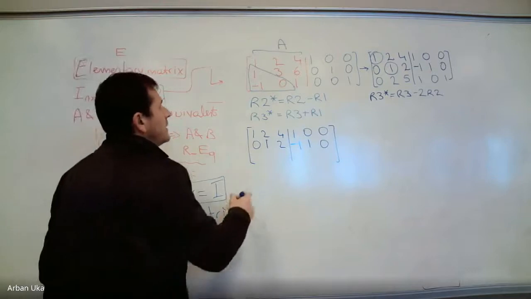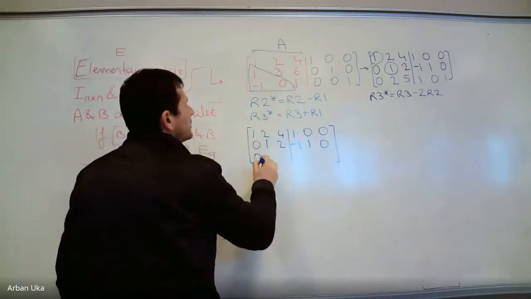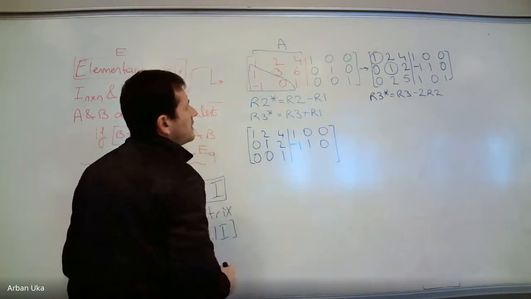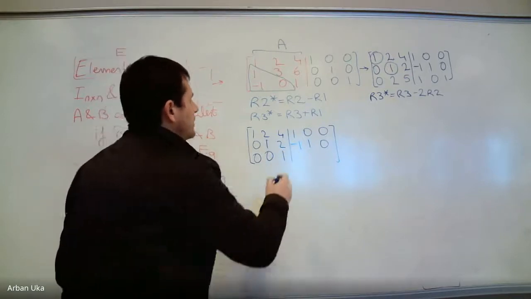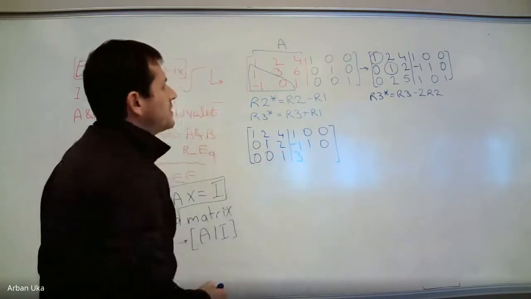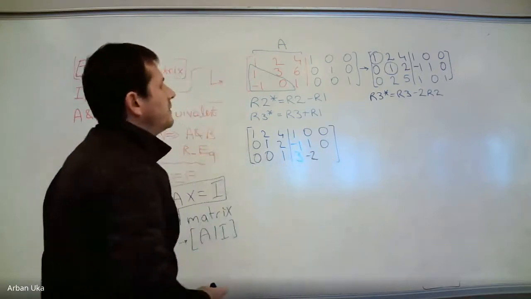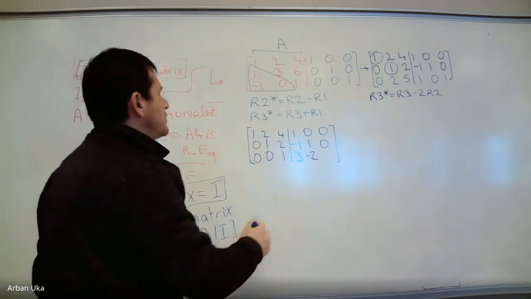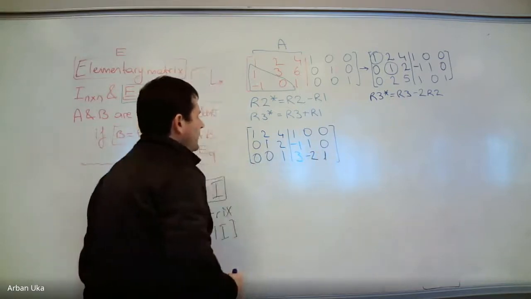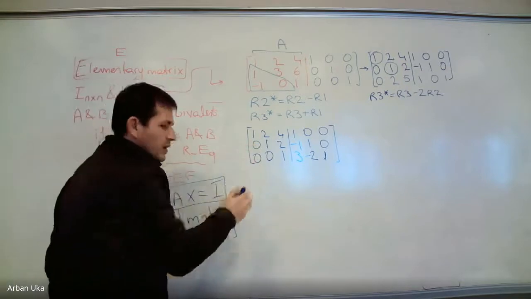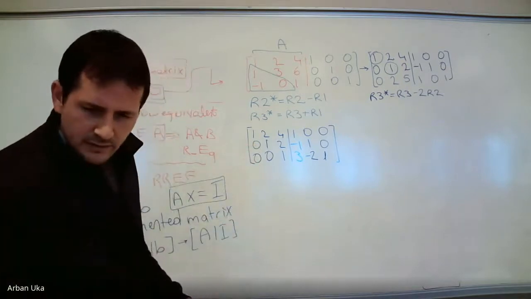So here we have 0, 2 minus 2, 0, 5 minus 4, 1. 1 plus 2, 3, 0 minus 2, minus 2, and then 1 minus 0, this is 1. Okay, so what is the next step that we need to do? We got done here, so we did this part.